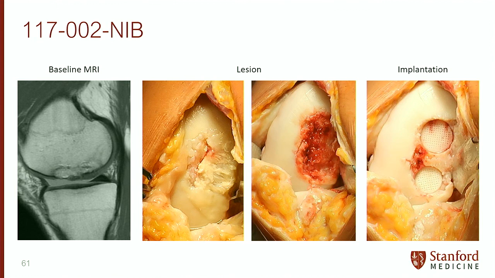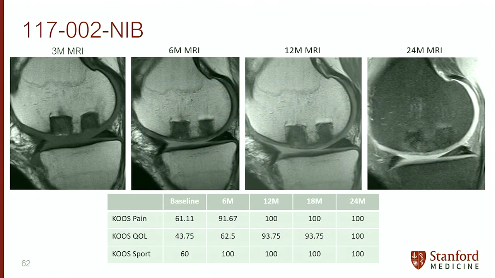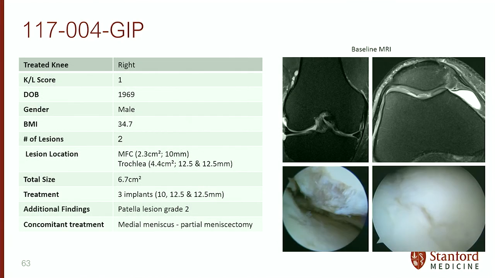So technically, it's easier than what Bill showed, and in Bill's hands, his work is very easy, but OCAs are a learning curve and challenging, and this is much easier, more like an OATS autograft. And so here you can see the MRIs, and you can see the KOOS scores, which really, in my own patient experience, doing 8 of these in the study, I had similar follow-up and similar results to this patient.